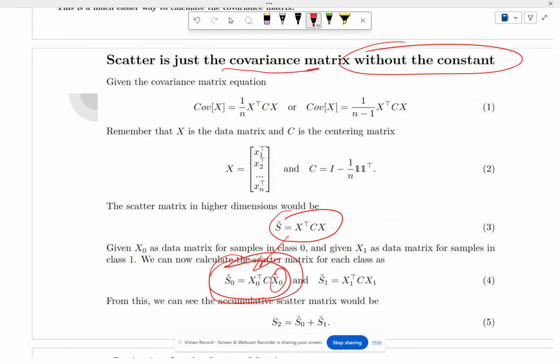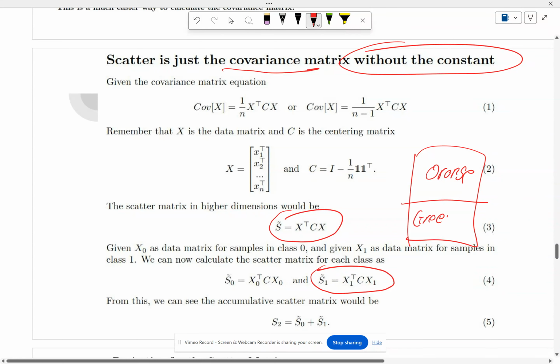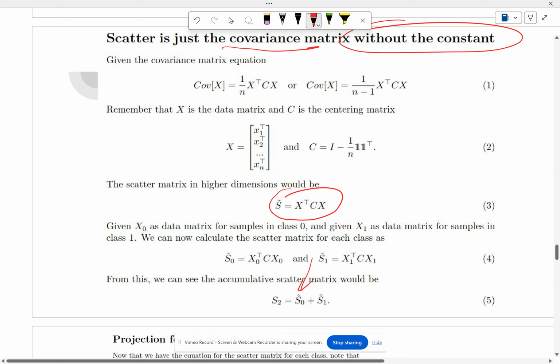That's what I meant by x0. If you have the data, part of it is going to be the orange, and part of it is going to be the green. You take these orange, calculate the scatter, and then you take the green, and calculate the scatter again. The total scatter is essentially the scatter of the orange plus the scatter of the green. And we're going to call that S2.